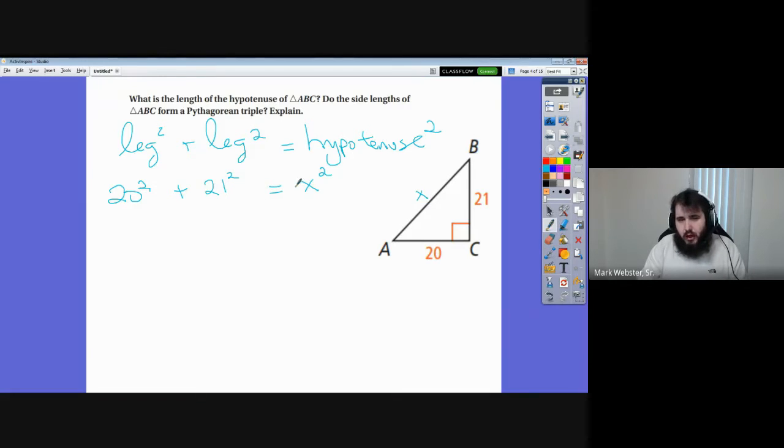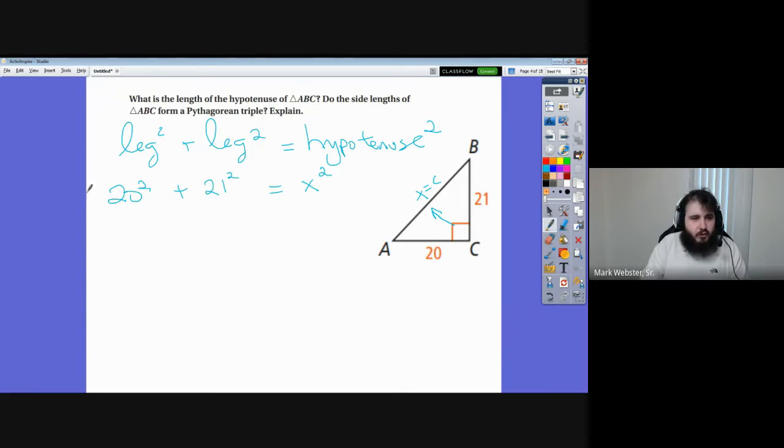So don't just put x in the same place every time, because I guarantee you you're going to be wrong half the time. In fact, probably like 2/3 of the time, right? Because there are 3 possibilities. But here, hypotenuse, this has to be this guy over here. That has to be c. Okay?